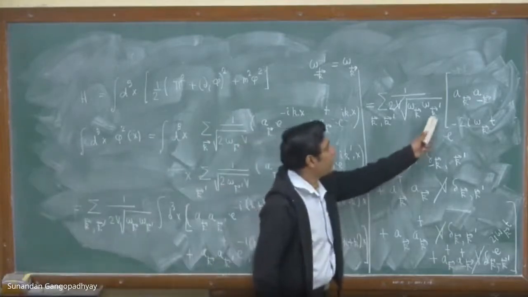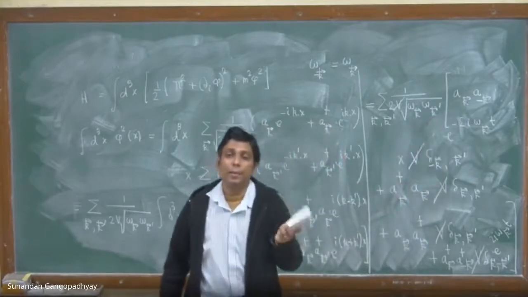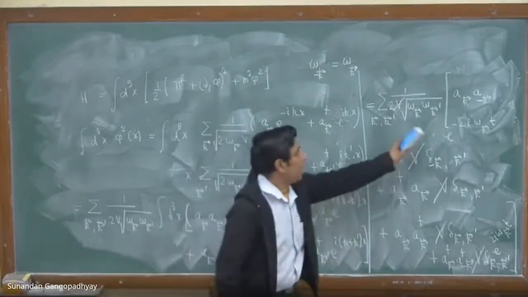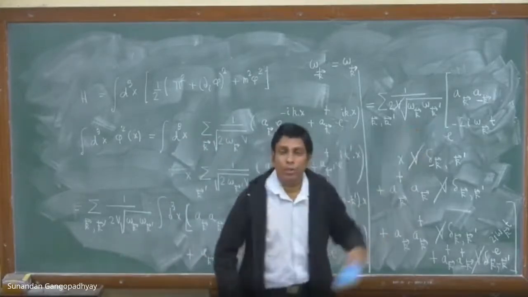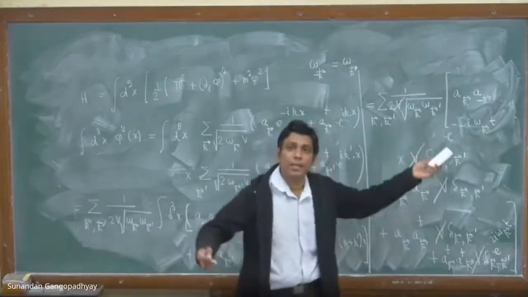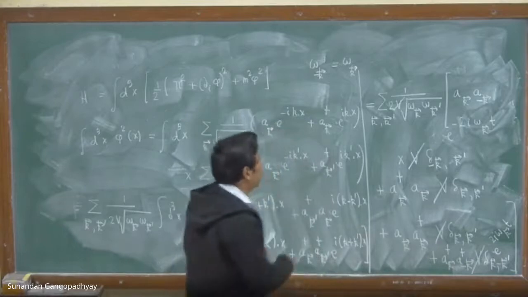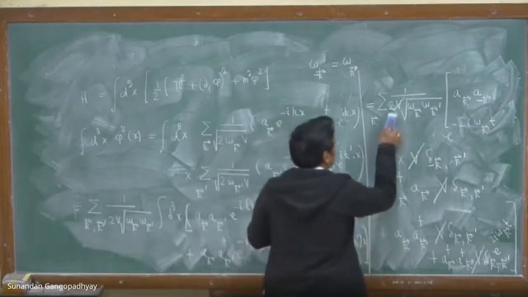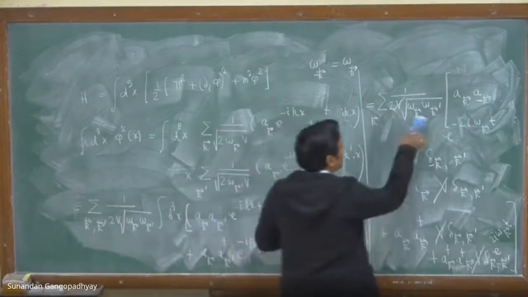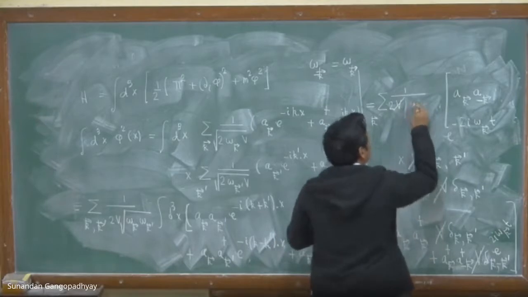Here also you can replace for the terms which have Kronecker delta k minus k prime comma 0, that is k is equal to k prime, you will have omega k. But for the terms for which k prime is minus k, for that also omega minus k is equal to omega k. Therefore, all the terms will give you the same factor, and therefore you can remove one of the summations. You can remove the k prime from here. This will become the same, and therefore we just have twice omega k.